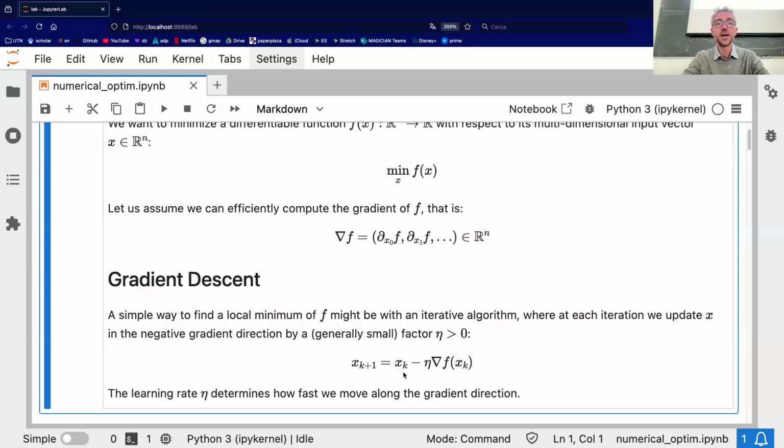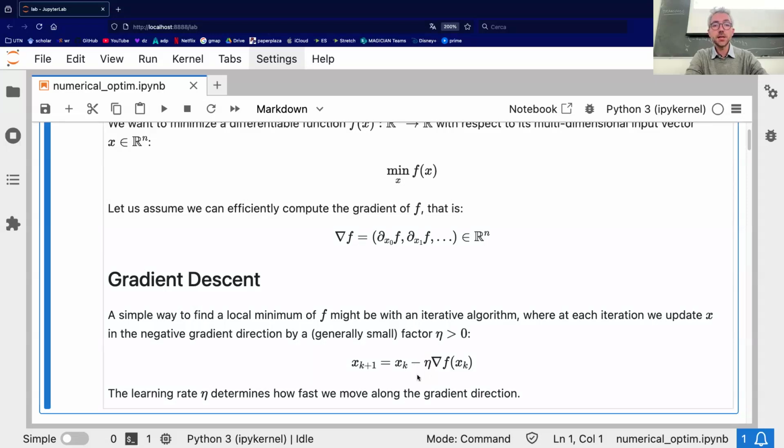And you simply modify your current guess by moving a little bit in the negative gradient direction. So your next guess, xk plus 1, is going to be equal to xk minus eta times the gradient.